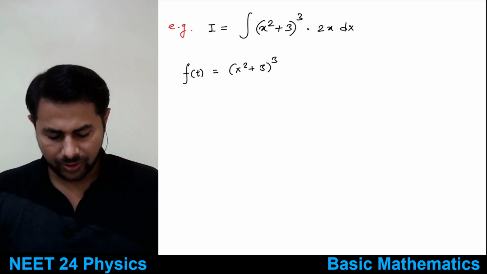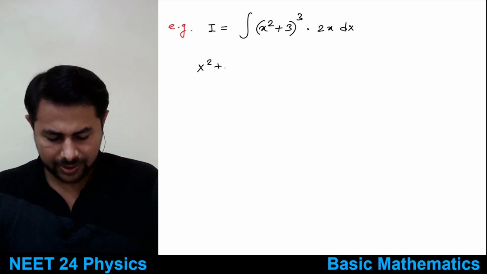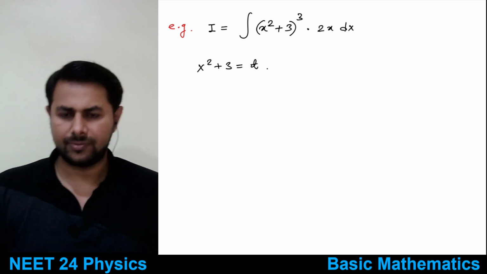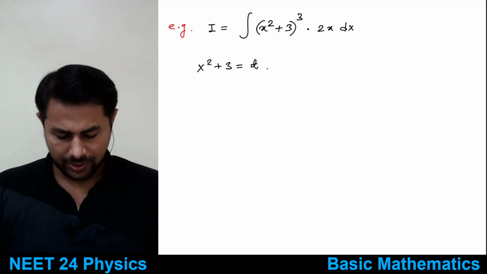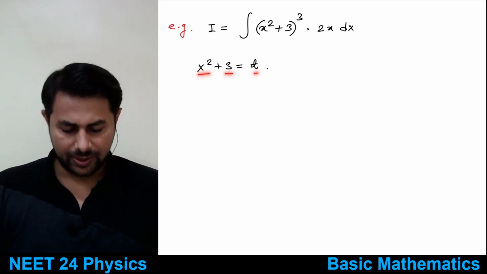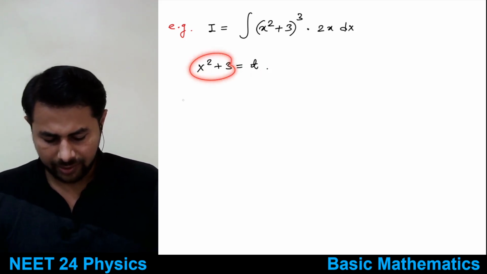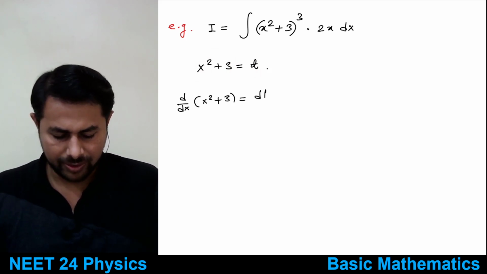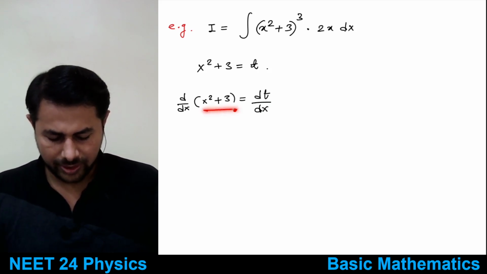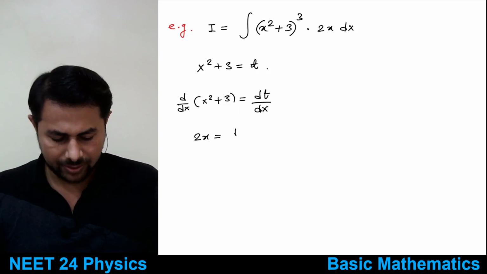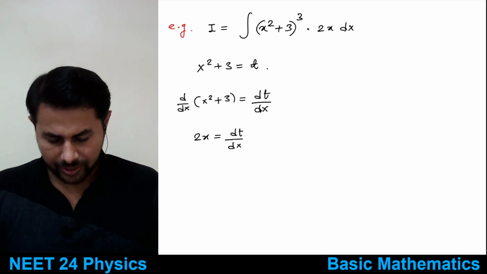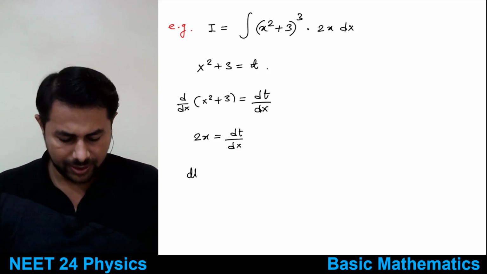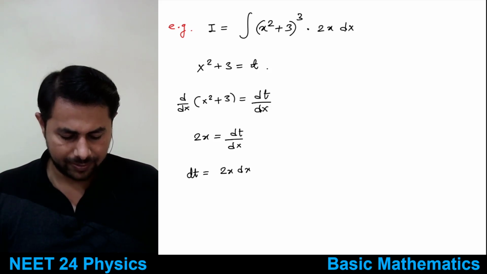That means what you are substituting is x square plus 3 is equal to t. Then if you take the derivative, x square plus 3 will be equal to dt by dx. What is the derivative of this? It's 2x. So 2x equals dt by dx, and therefore if you move this dx to this side, what do you get? Good, dt is equal to 2x dx.